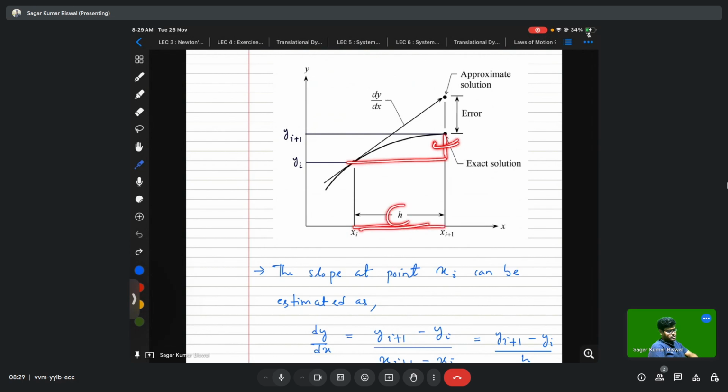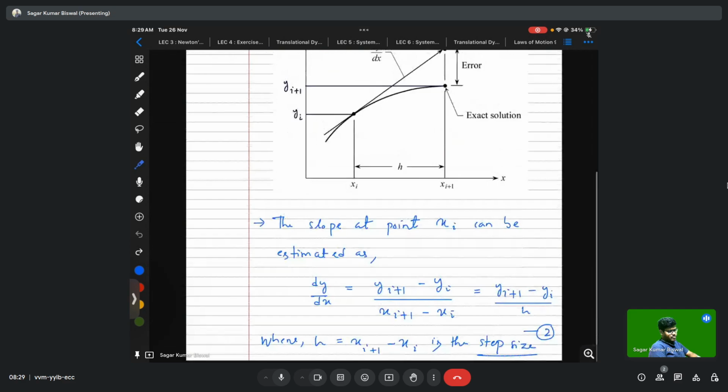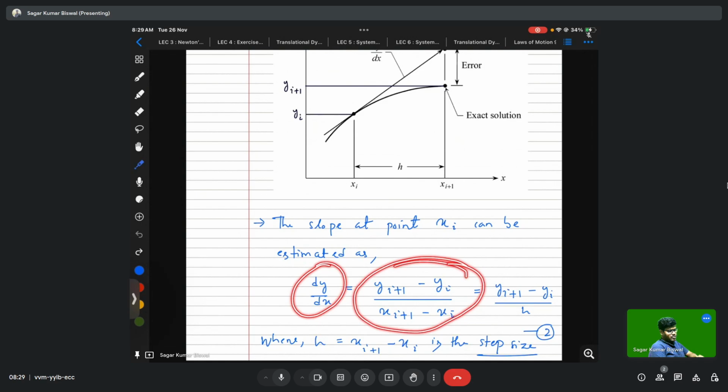Suppose this h is an arbitrary step size, right? And this slope can be estimated in this discrete form, right? And this xi plus 1 minus xi is actually h, the step size, right?